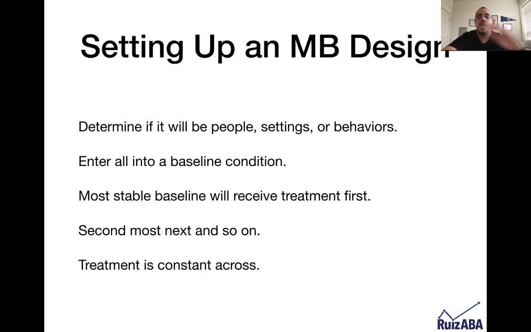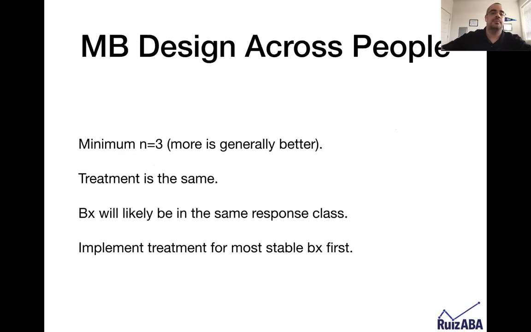And the treatment is constant across. It doesn't matter if it's across people, across settings, or across behaviors. It only matters that the treatment is the same across and that you enter treatment according to the stability of the baseline condition. So, of course, you would need a minimum of 3, but more is generally better.